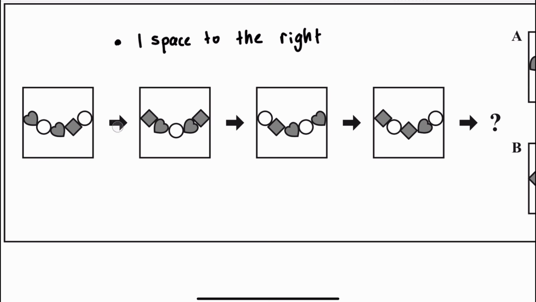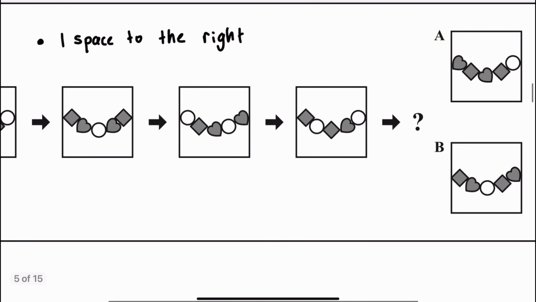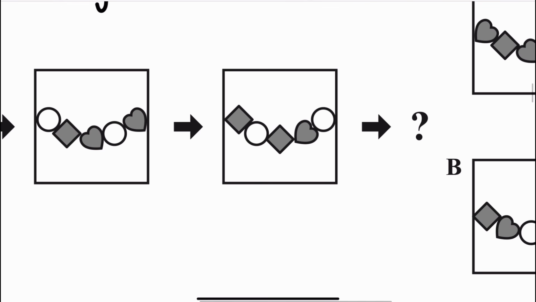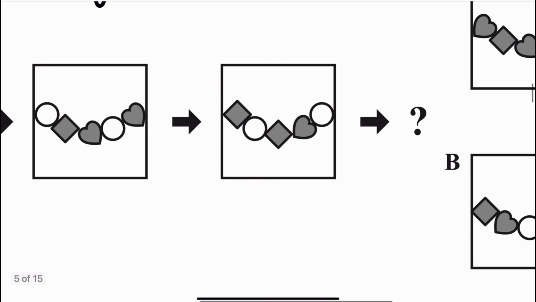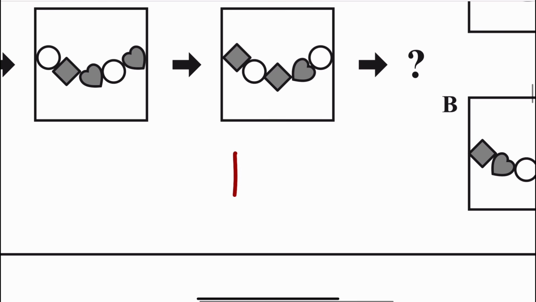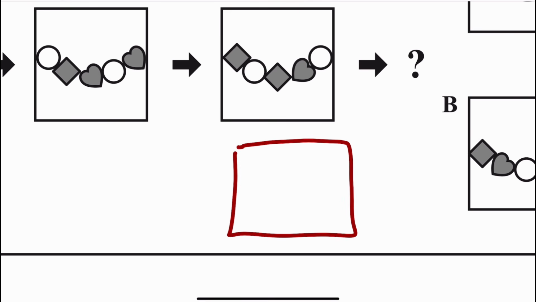So let's use that to help us find out what will be in the question mark. What shape do we have at the end here? Well, we have a circle. So this circle in the next box, let me draw the box here, it's not going to be shown.